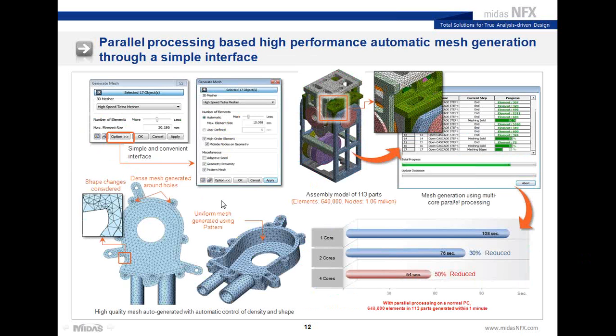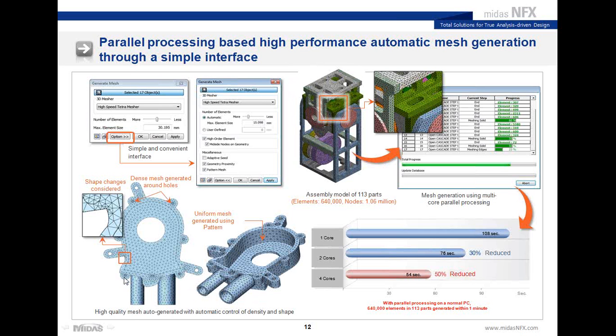And talking about the auto mesher in Midas NFX, it utilizes multiple cores of your computer to generate mesh more quickly, such that all the different components in this particular model, they are meshed simultaneously.